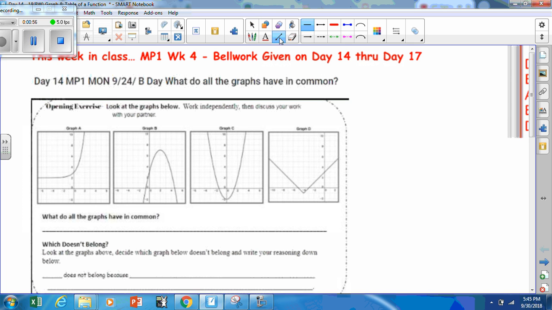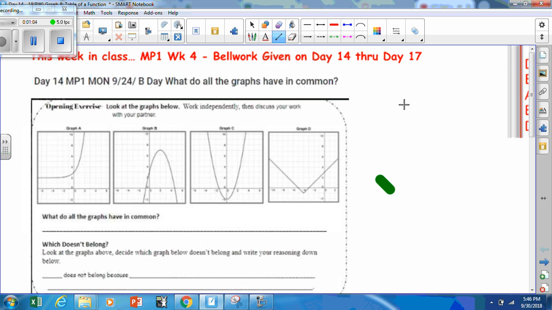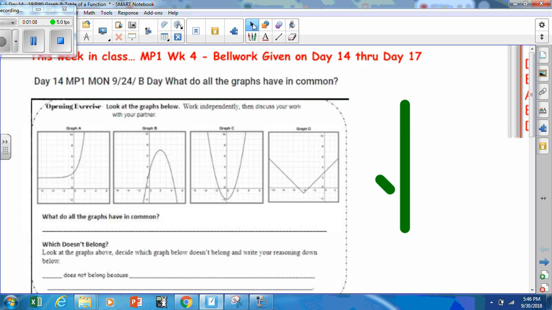Those that remember, vertical line test just simply means that if I take a vertical line and pass it through any relation, it becomes a function if that equation only touches that vertical line once. And as you can see, in every equation, they're only touching this green vertical line the one time. So that was pretty straightforward. That's what they all have in common.